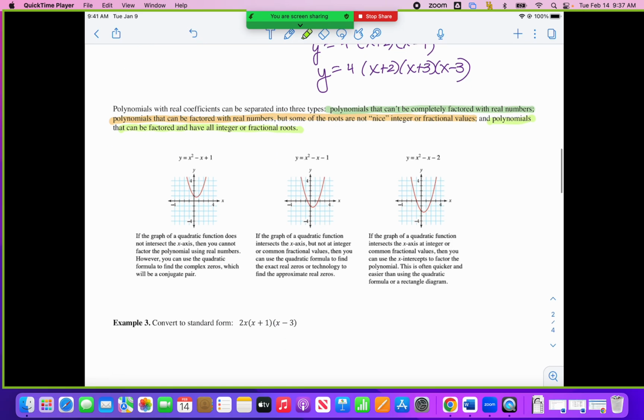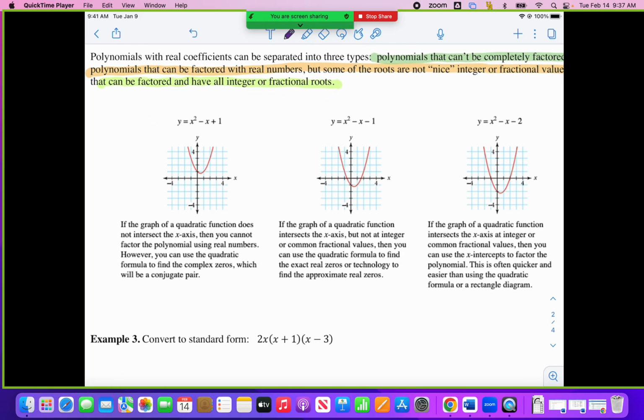So we're going to start with something we know. If you look at the graph of y equals x squared minus x plus 1, it does not cross the x-axis, so there are no x-intercepts. However, that doesn't mean there's no solutions or no roots. Watch what we can do. If I identify a is 1, b is negative 1, and c is 1, I can do the quadratic formula to solve this over the complex numbers.